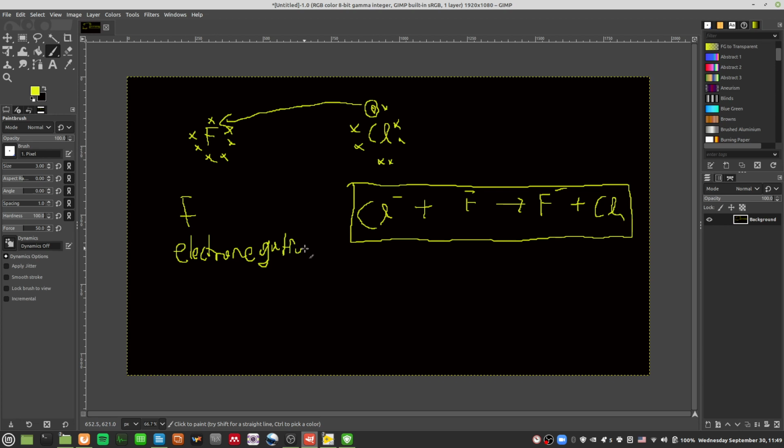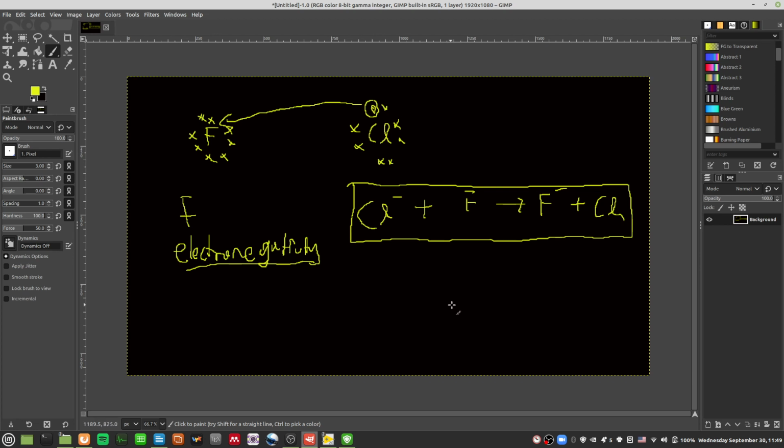Electronegativity. So the fluorine here is superbly electronegative as compared to the chlorine. Why? Because remember, the outermost electron, the last electron, is actually closer to the nucleus than in chlorine.